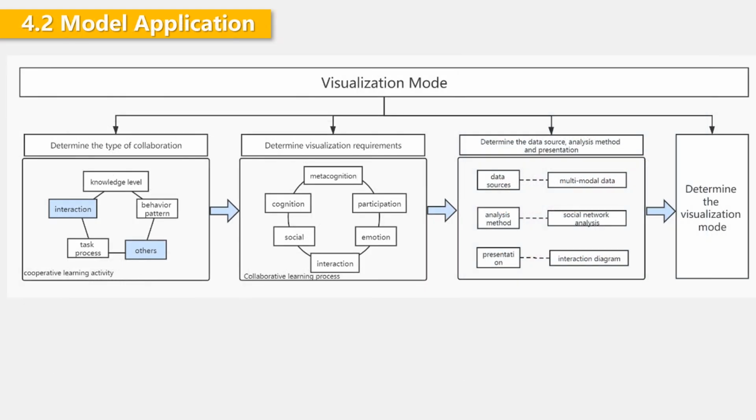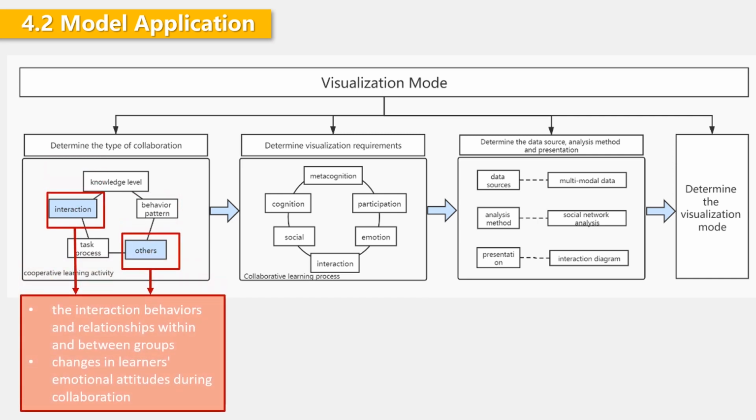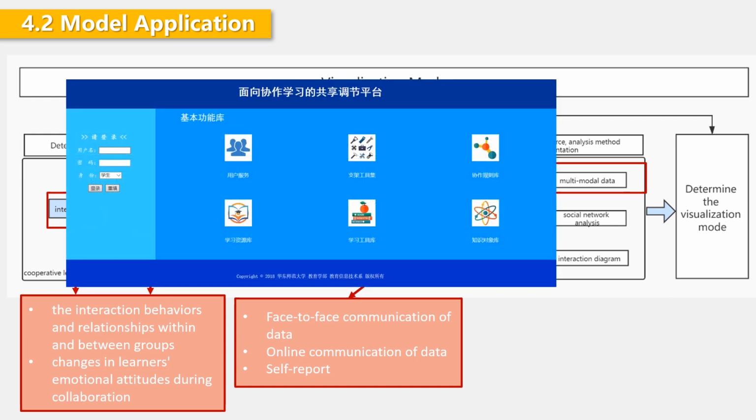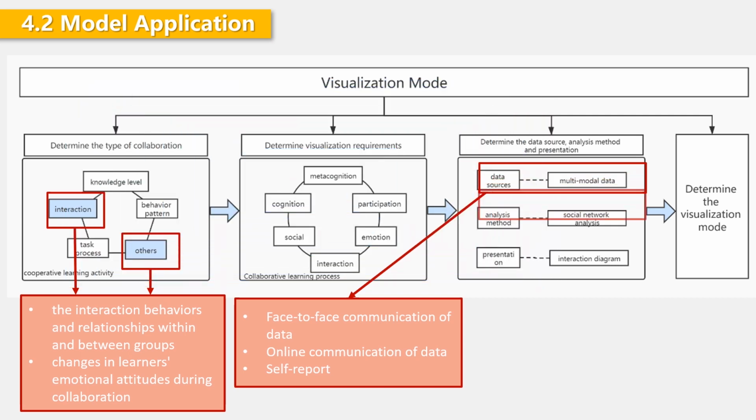The model application contains 5 parts. First, the type of collaborative learning activity to be conducted was determined. Next, determine the utility of the visualization. Third, data resources are identified. Fourth, determine the method of analysis. Finally, the presentation method needs to be determined.